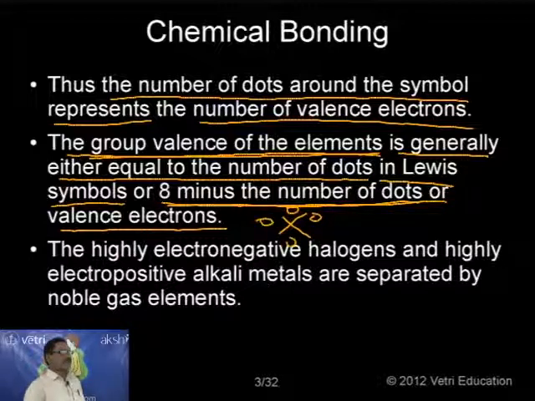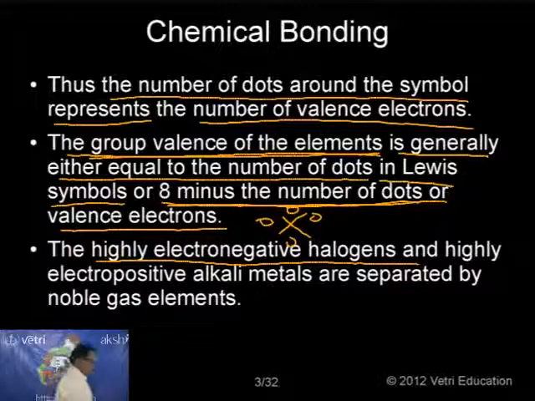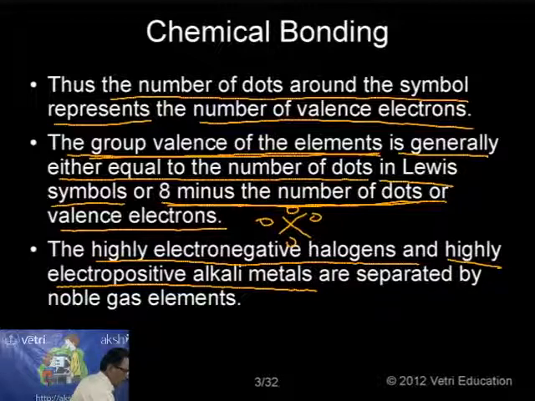The next one. The highly electronegative halogens, I have already pointed out halogen family, and highly electropositive alkali metals, this is group 1. So here I want to give again, recollect from my memory. Think of a long form of periodic table. According to long form of periodic table, there are 18 groups.